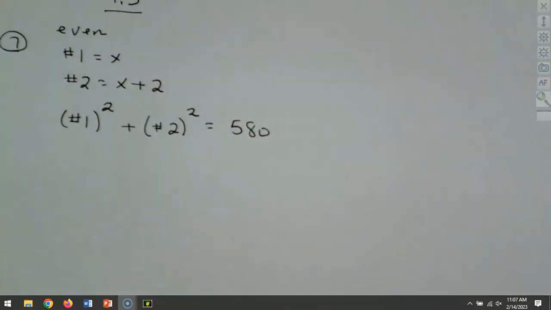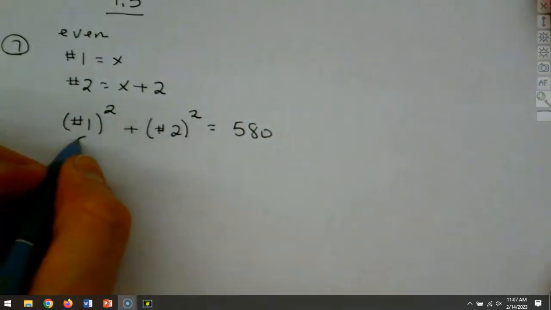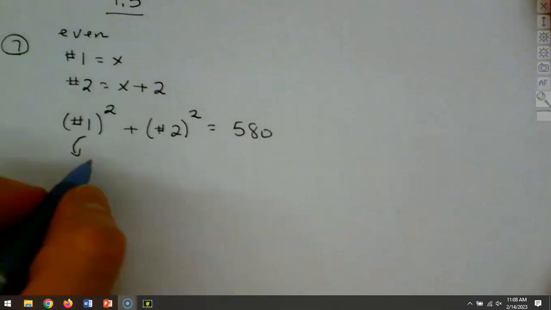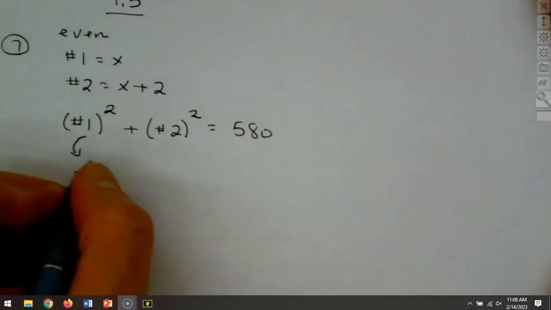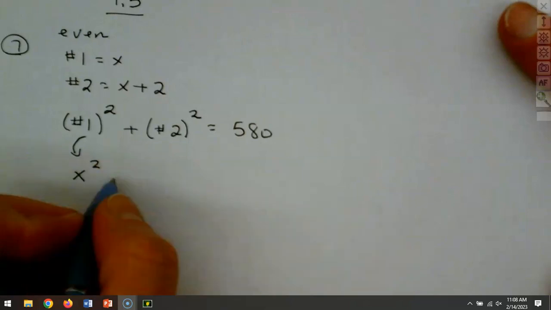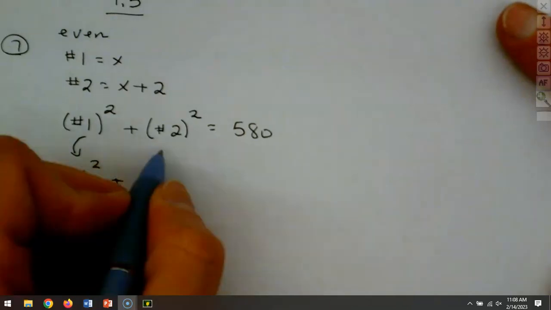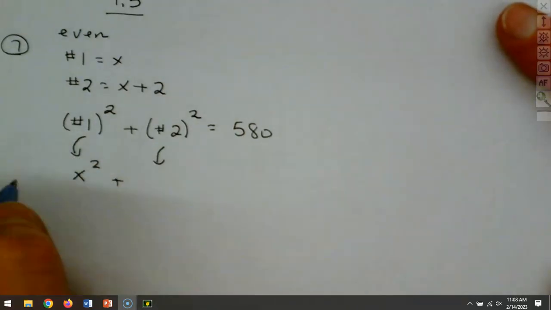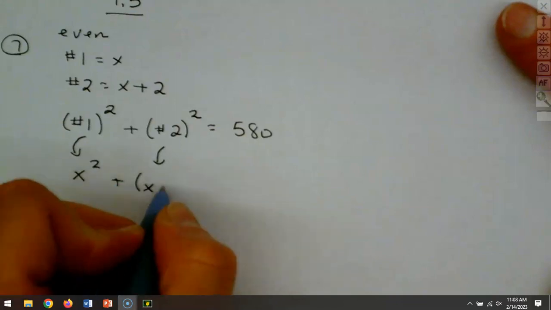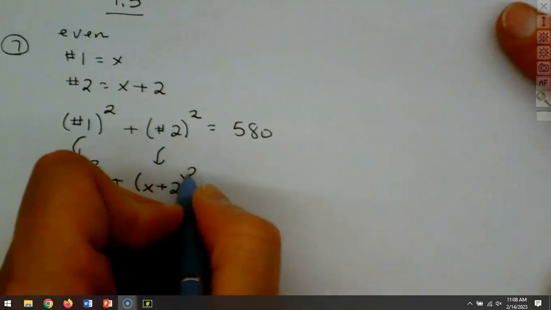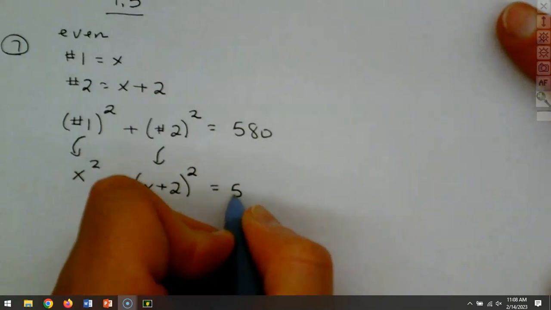Is everyone okay with how I got to that step? Now we plug our values in. What do we call the first one? X. So that means we square it, so that's going to be x squared. What about the second one? It's going to be x plus 2, quantity squared, and that now equals 580.